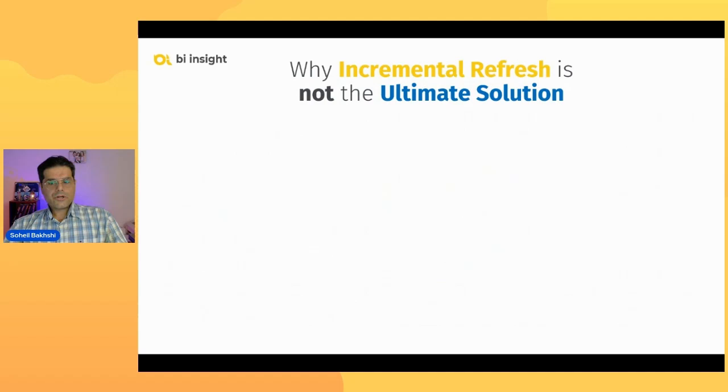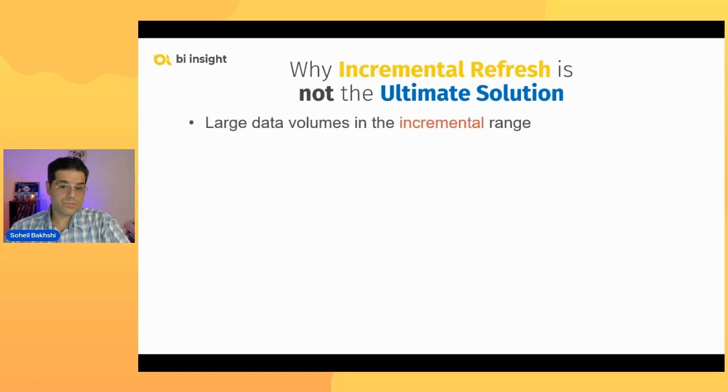Now, why is incremental refresh not the ultimate solution? Because there are some scenarios where incremental refresh would be really hard to manage or handle, or sometimes it is not even one of our options. One of them is large data volumes in the incremental range.